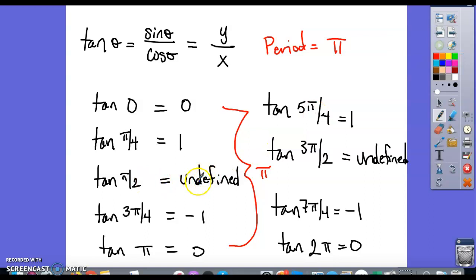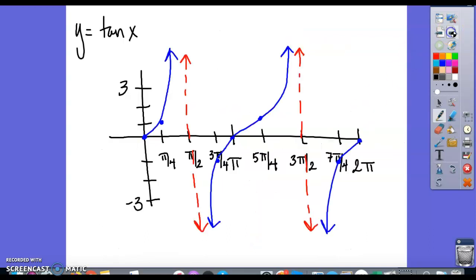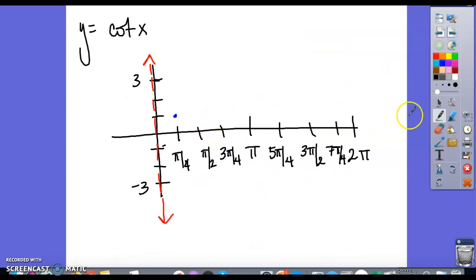The tangent of pi over 2 is undefined. Okay, and technically it's undefined because it's 1 over 0. So the reciprocal then, the cotangent, would be 0 over 1, which is 0. Okay, so at pi over 2, the cotangent is 0.